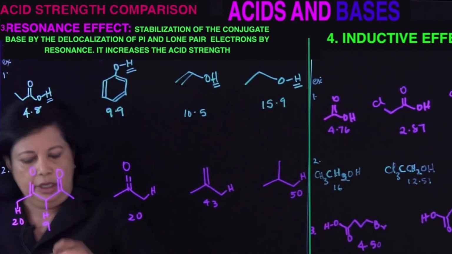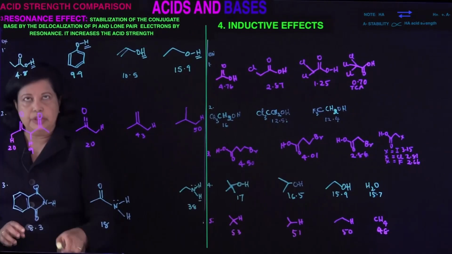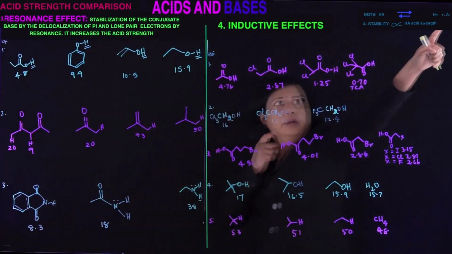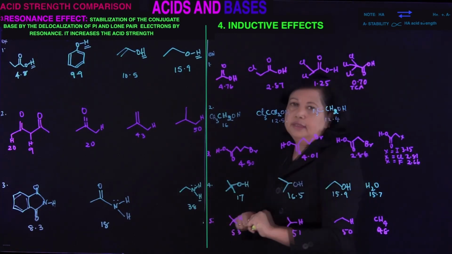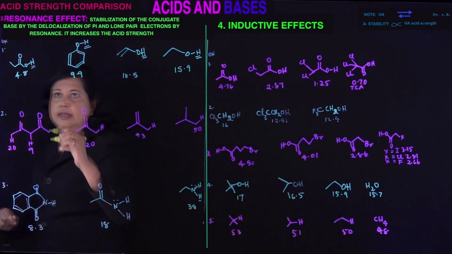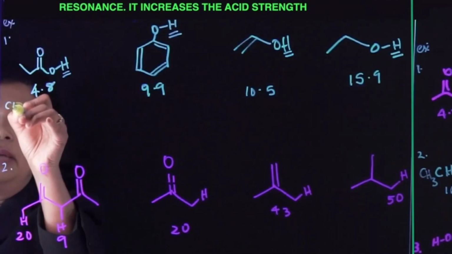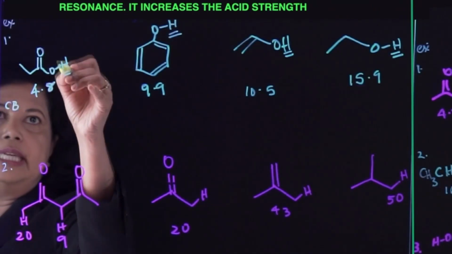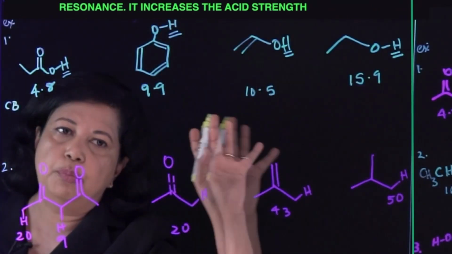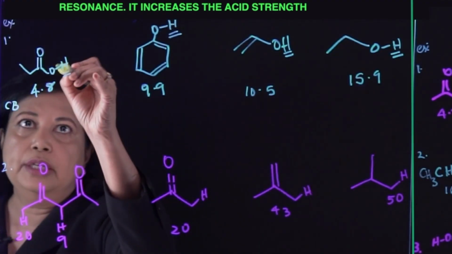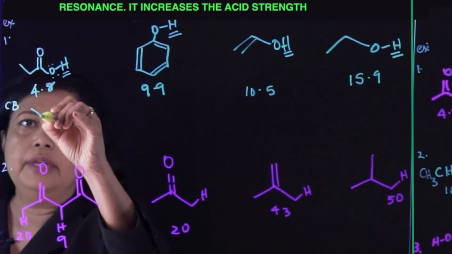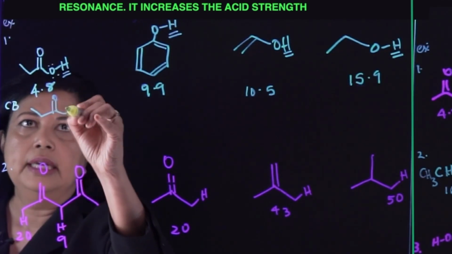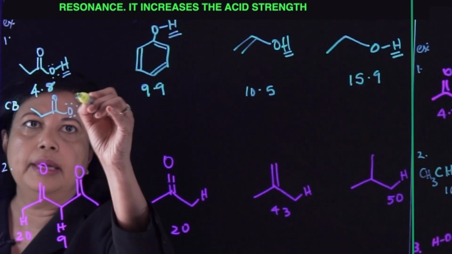So here, if you talk about the conjugate base of this, as I said before, the A minus stability is the thing that really determines the acidity of HA. So if you talk about the conjugate base, we have to take out the hydrogen as an H plus. Therefore, those electrons are going to go on the oxygen. So here we have a conjugate base that has now 3 lone pairs.